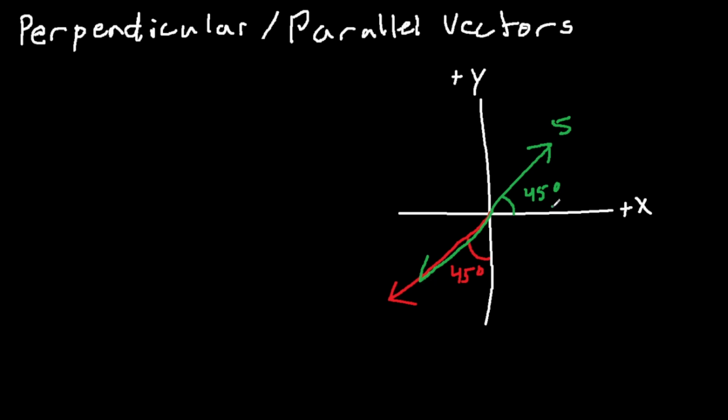Now that's a magnitude of negative 5. You'll learn this when you're covering polar coordinates. That's one of the key concepts of polar coordinates as well, if you haven't covered those. But vectors that go in the opposite direction are still a straight line. If they both start at the origin, they're still parallel. So that's another thing that you have to look out for.